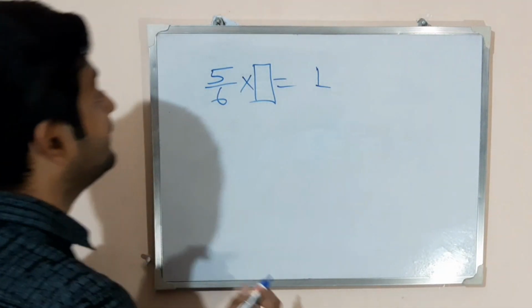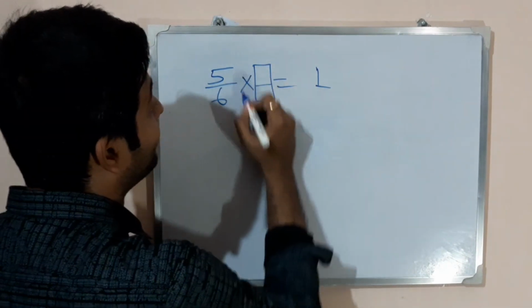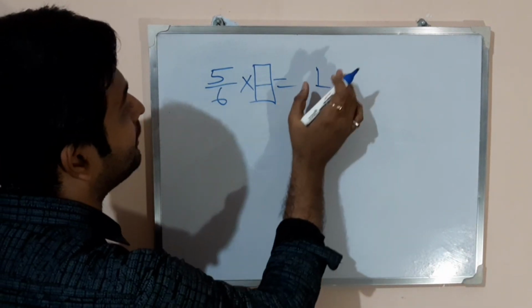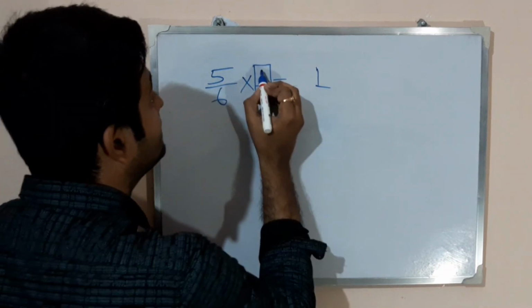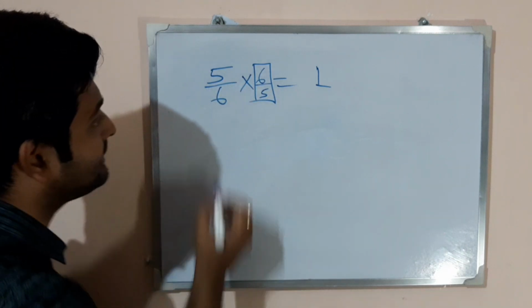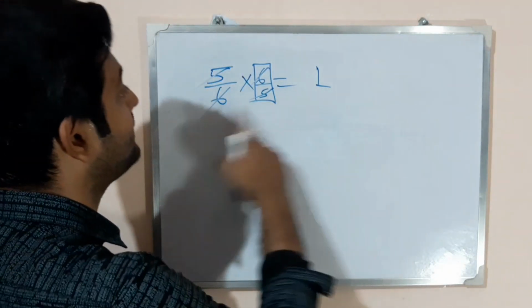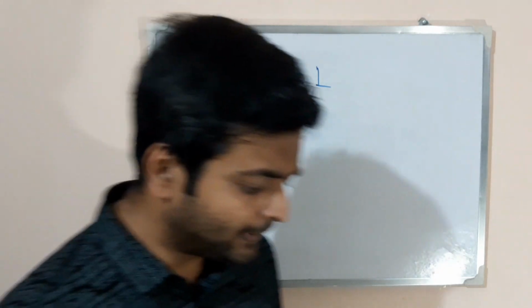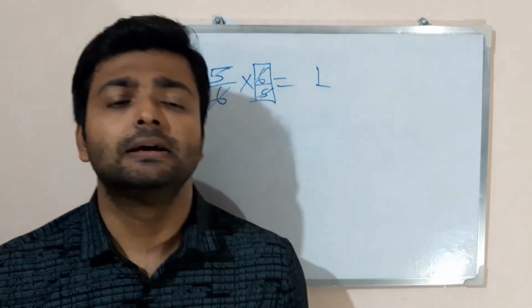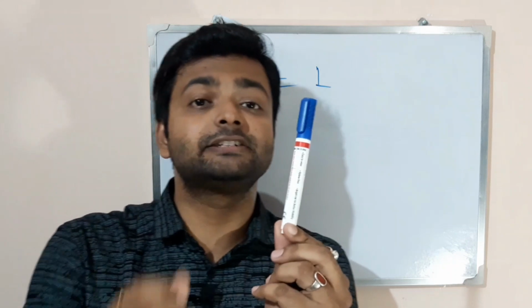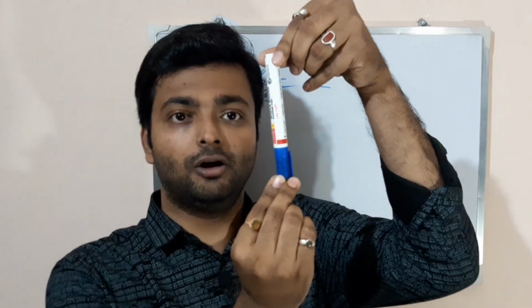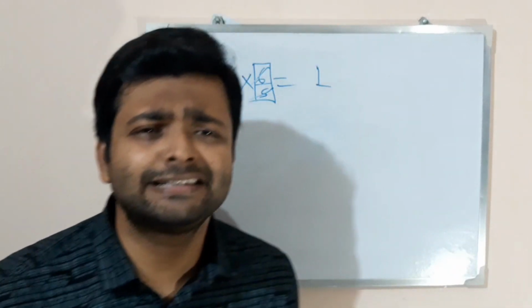Now tell me, by which number should you multiply this to get the value 1? If I write 5 by 6, you can see clearly they can cancel. That means the product is 1. So a simple way to explain it: this is the number, its reciprocal is the opposite, ulta.